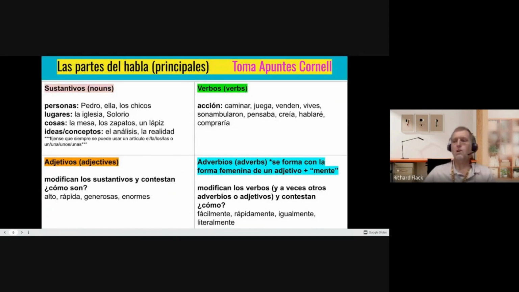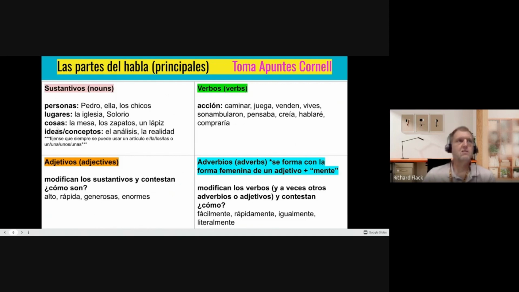There are four main parts of speech. The first part of speech, sustantivos, nouns. A noun is a person, persona, like Pedro, ella, she, los chicos, the boys. Lugares, como la iglesia, church, la escuela, school.